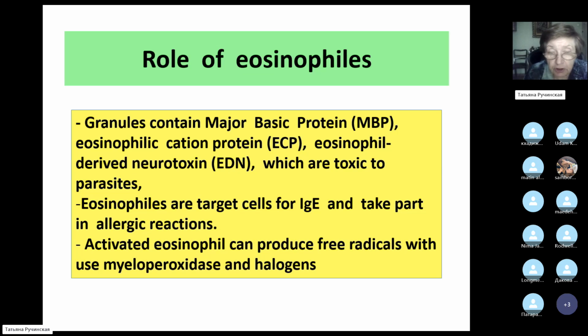Except myeloperoxidase, eosinophil has major basic protein.